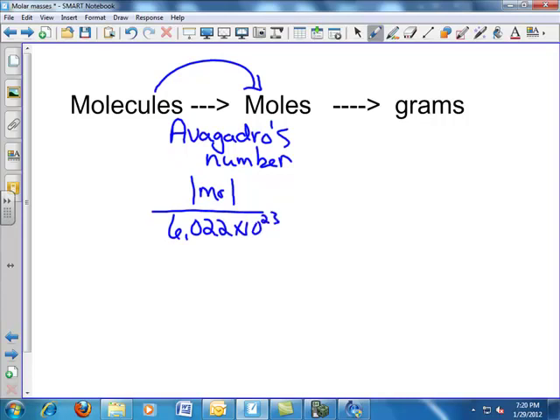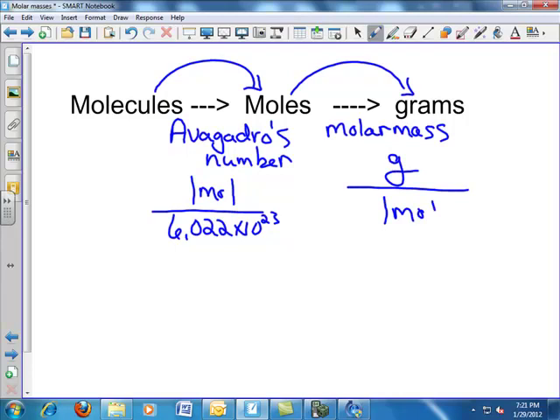Okay? And then, once I'm at moles, I can go from moles to grams, and the number that allows me to do that is called, and I hope you are saying molar mass. But now with molar mass, this time, whatever grams I have are going to go over the 1 mole.